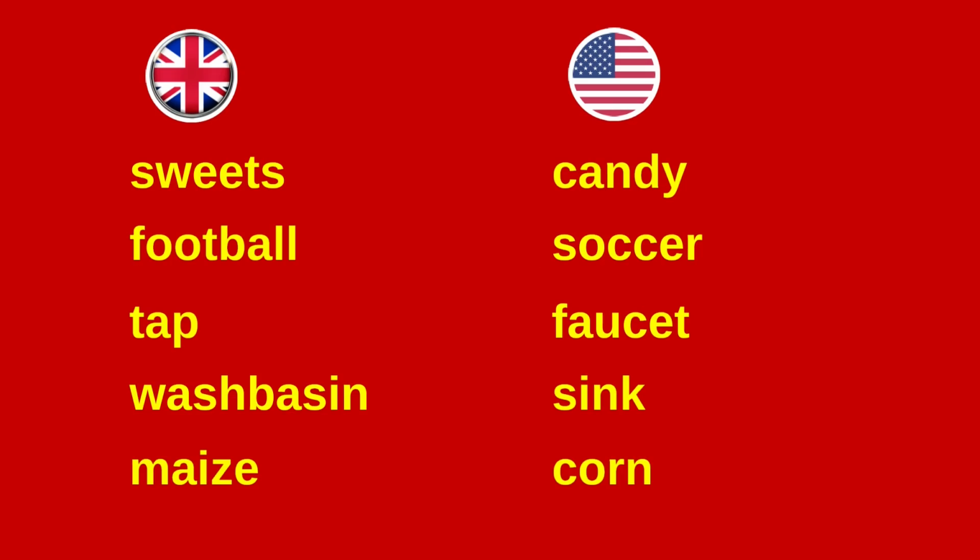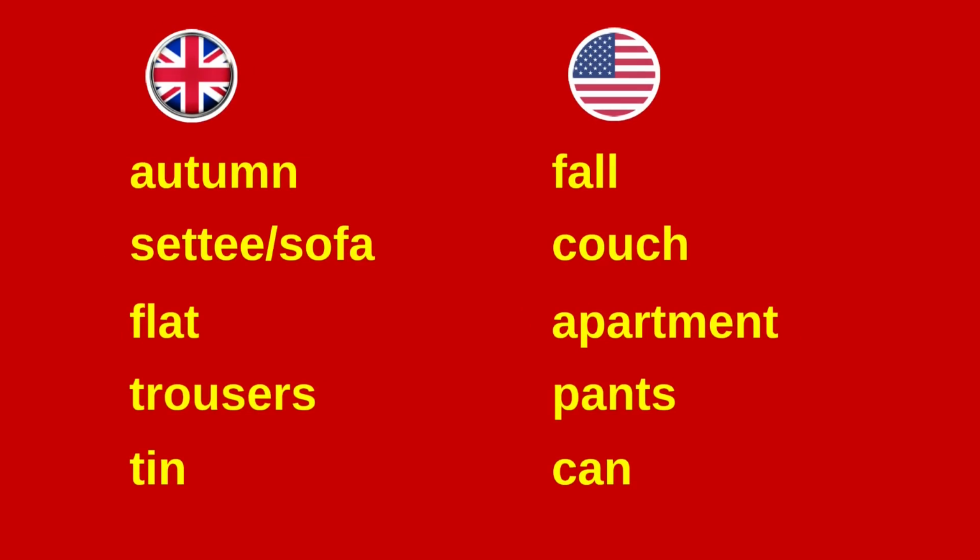Sweets, candy, football, soccer, tap, faucet, wash basin, sink, maize, corn, autumn, fall. Settee or sofa is a couch in American English.